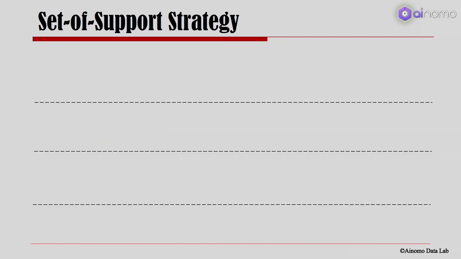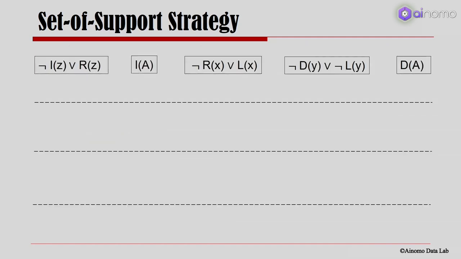Let us look at set of support in our illustrative example and the 5 clauses. Now, in set of support, I should resolve using clauses that result from negation of the goal well formed formula or its descendants. So, I have to start resolving from this, which is the negation of my goal.